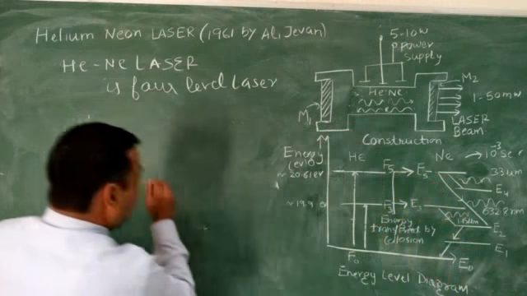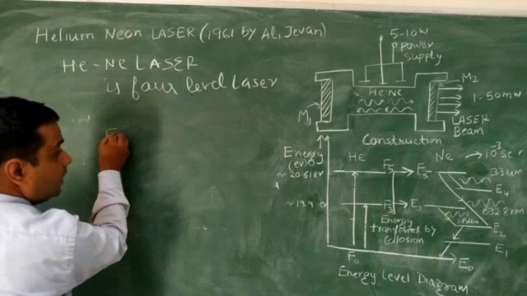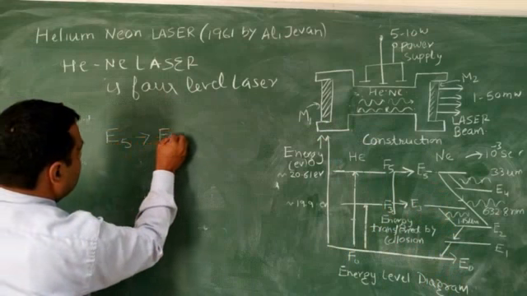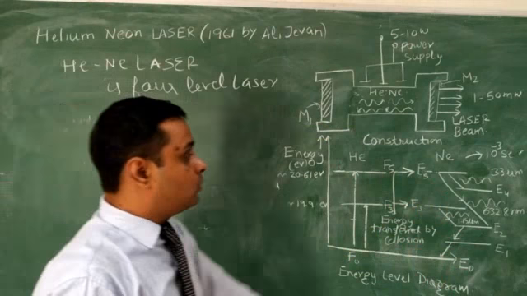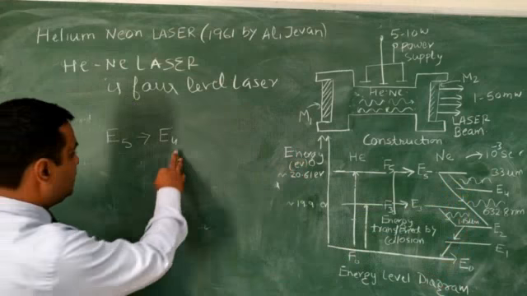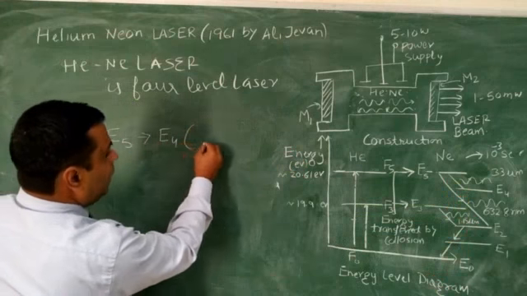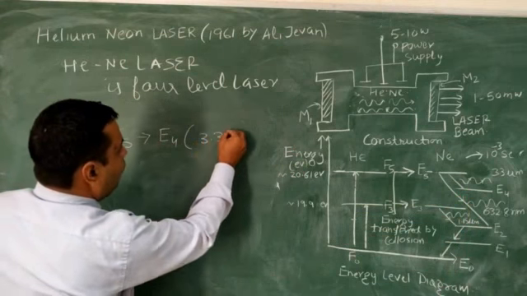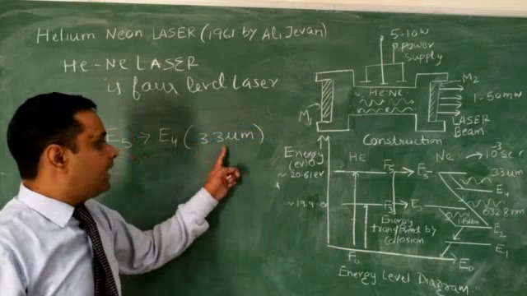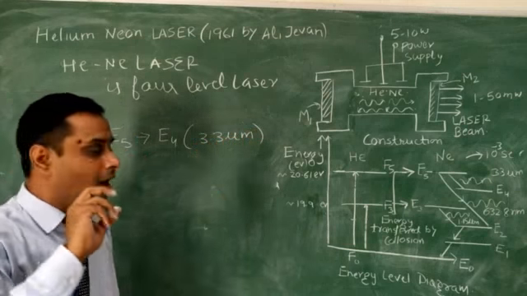One is E5 to E4. Some of the neon atoms lose their energy and come to the E4 energy state, and it will emit a photon of 3.3 micrometer. It is basically in the range of IR.